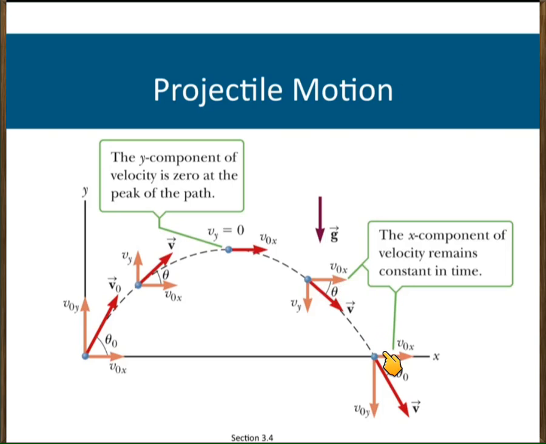The x component of the velocity doesn't change. Why? Because there is no acceleration in the x direction. ax is 0. If the acceleration is 0, there is no change in the velocity, neither in direction nor in speed. But what happens to the velocity vector in the y direction? Is it decreasing or increasing?